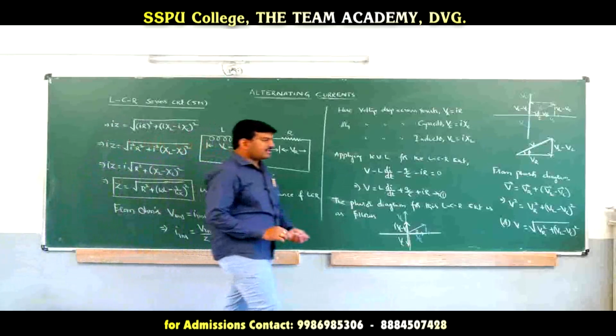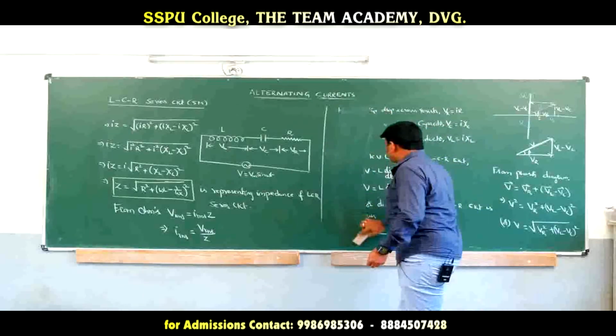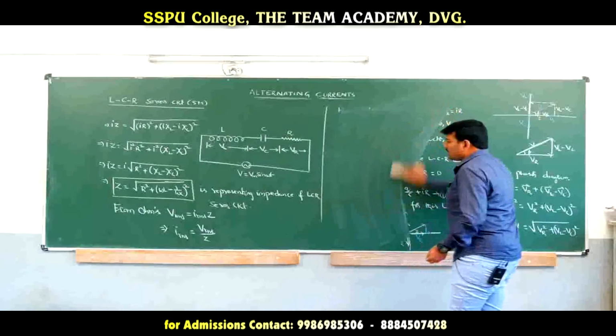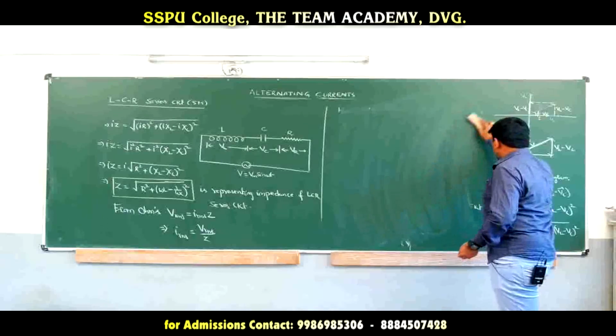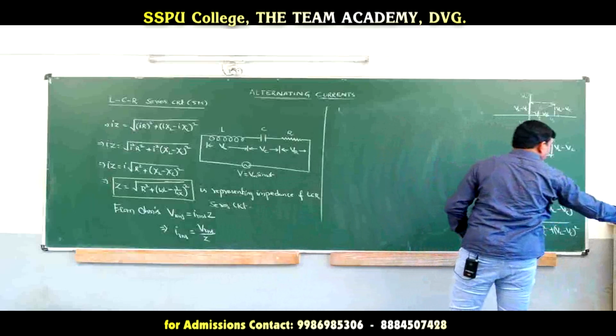Therefore, the current in the AC circuit is given by Irms is equal to Vrms by Z. I have calculated the value for impedance, and we can substitute it here.